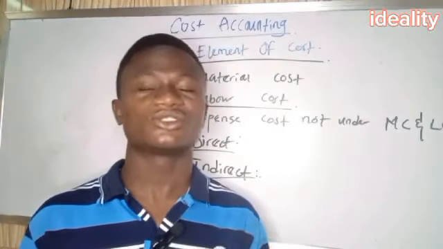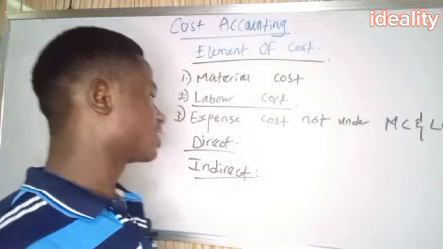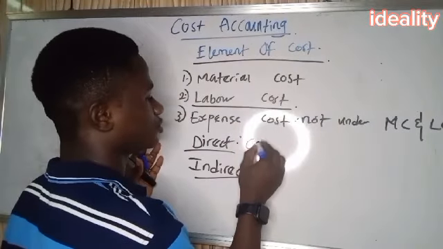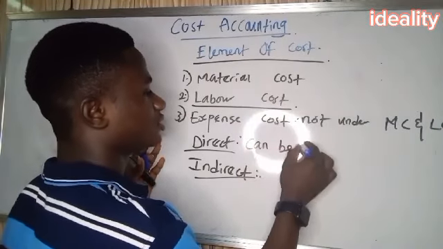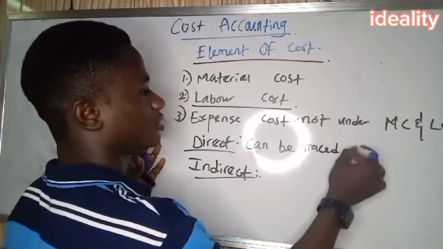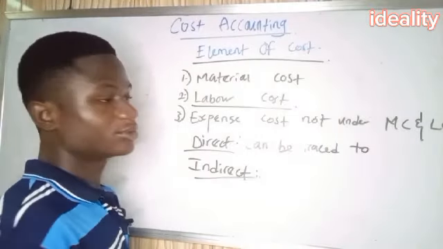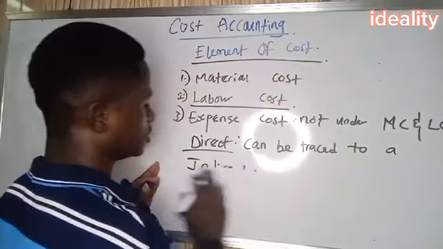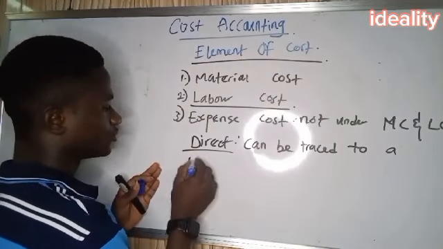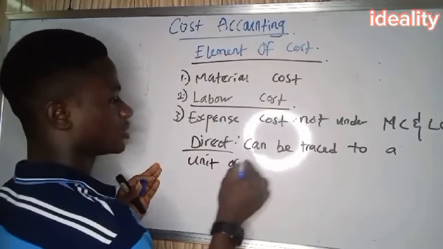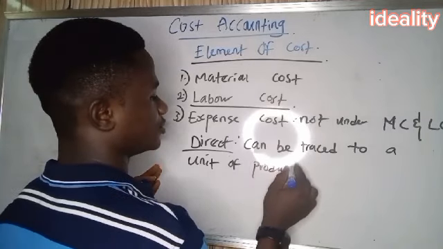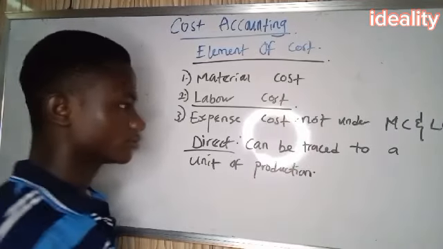Hence, apportionment is not needed. Yes, they can be traced to a unit of production.